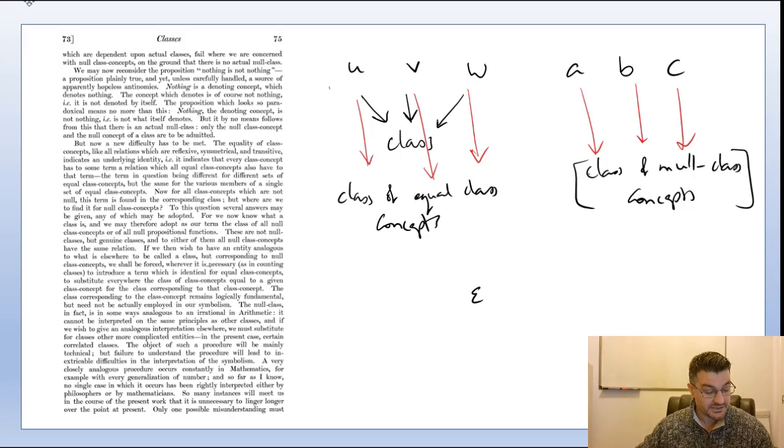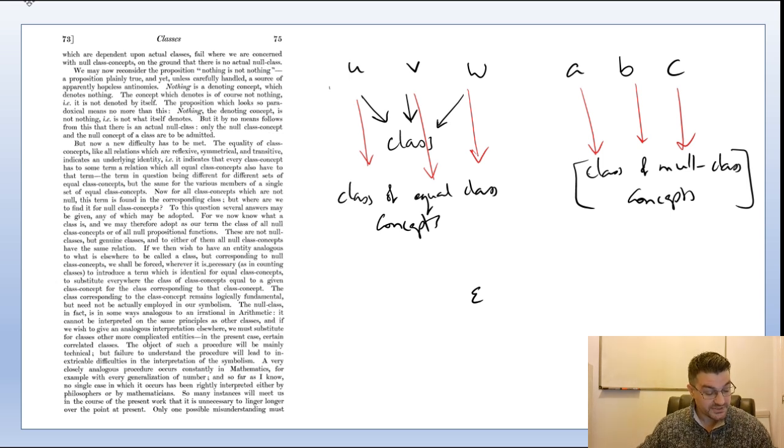A very closely analogous procedure occurs constantly in mathematics, for example, with every generalization of number. And so far as I know, no single case in which it occurs has been rightly interpreted either by philosophers or by mathematicians. So many instances will meet us in the course of the present work that it is necessary to linger longer over the point at present.